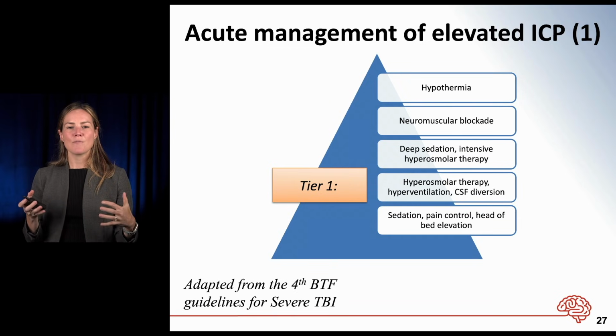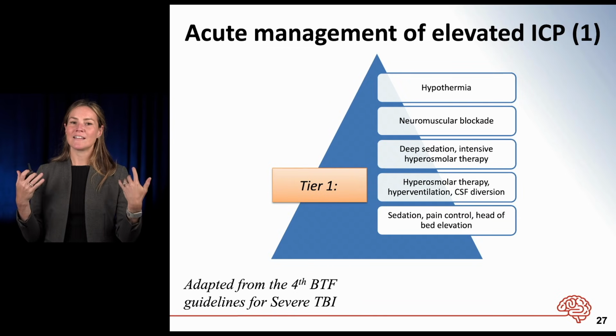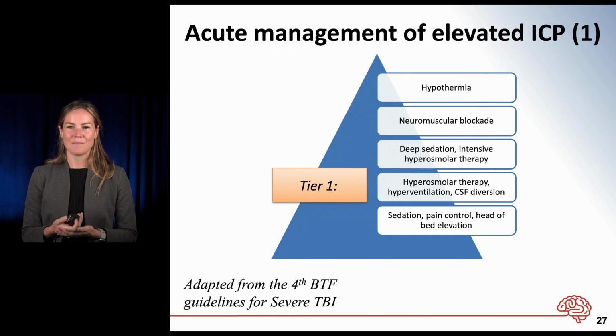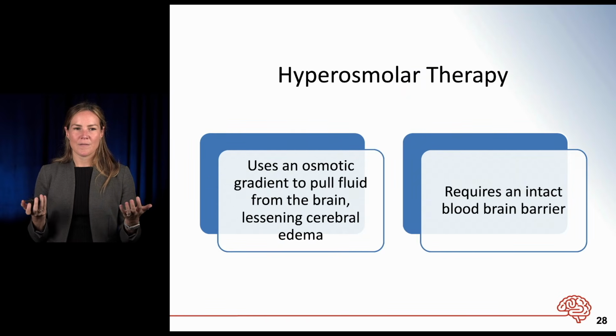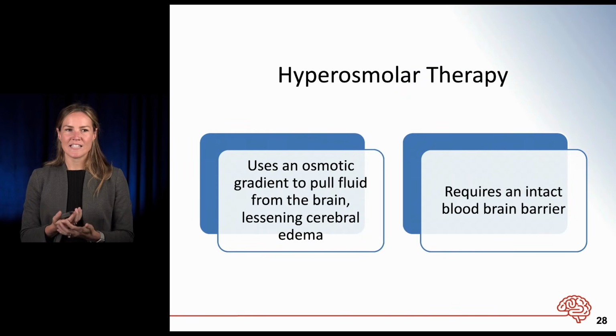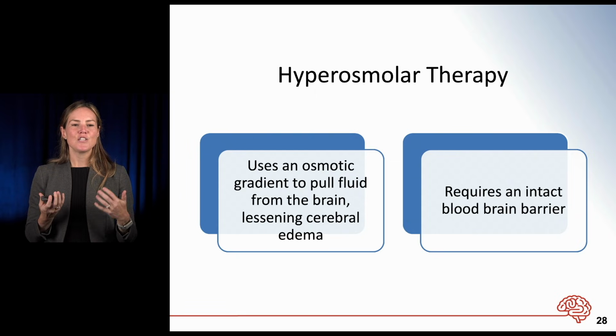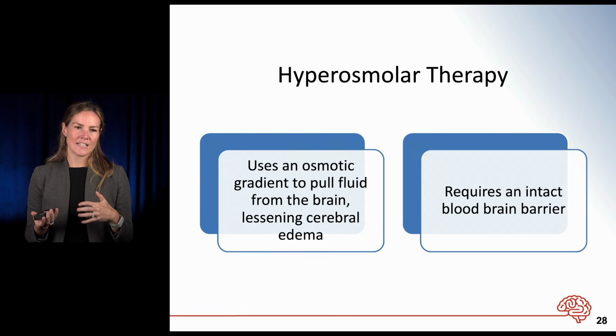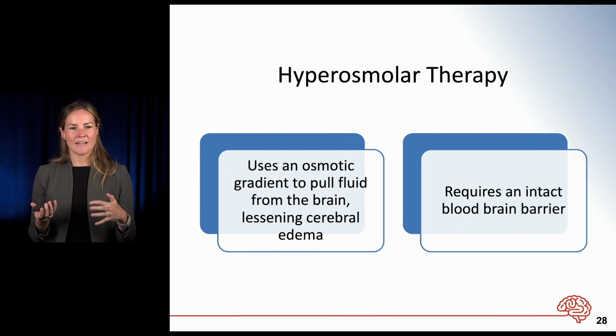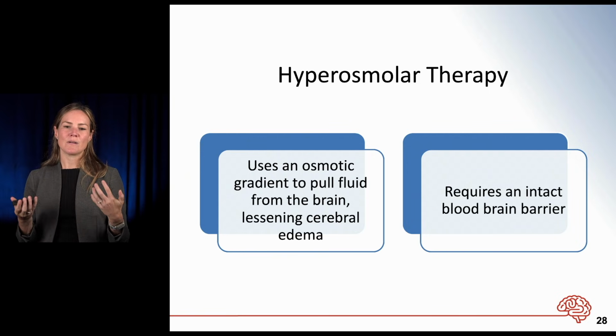This is that hyperosmolar therapy, hyperventilation therapy, and CSF diversion. Hyperosmolar therapy is sort of the cornerstone of ICP management. It's using an osmotic gradient to pull fluid from the brain and therefore lessening cerebral edema.